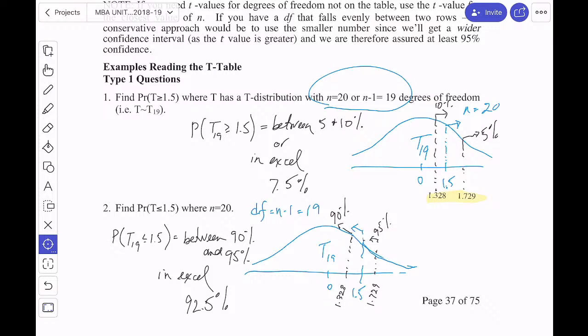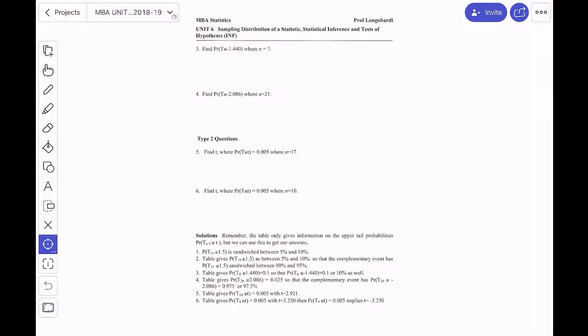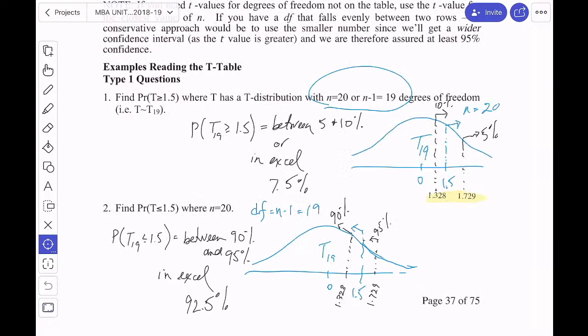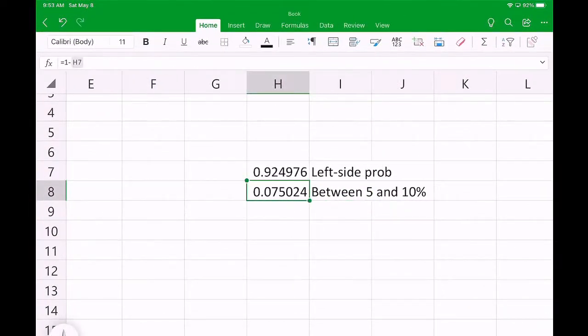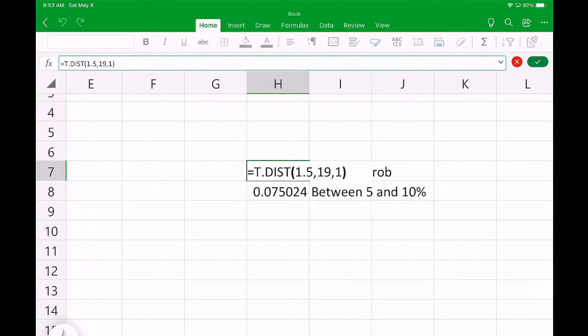Okay, so let's see number 3, unless you have any questions. Okay, Excel. Let me show you the formula. So that was to get it on the left side because it says cumulative.